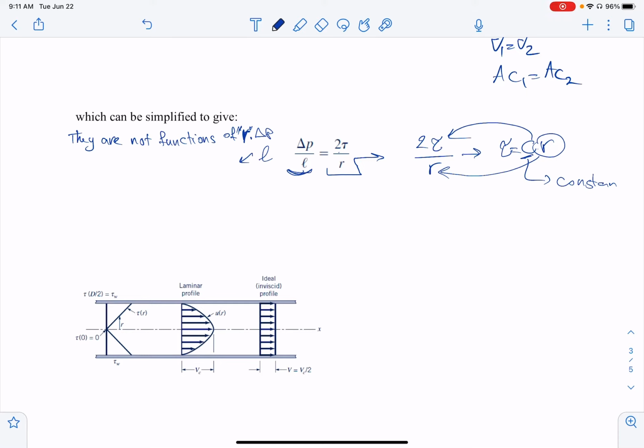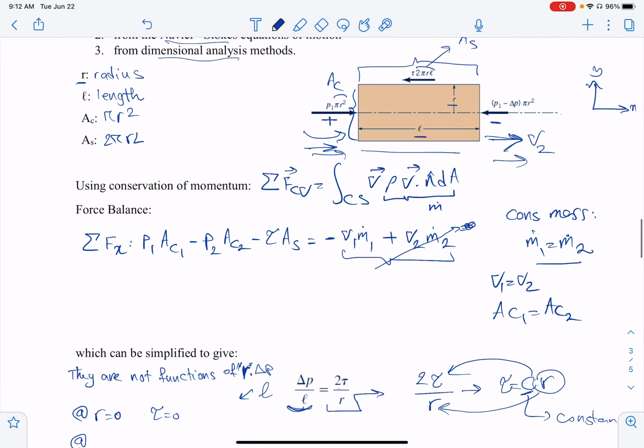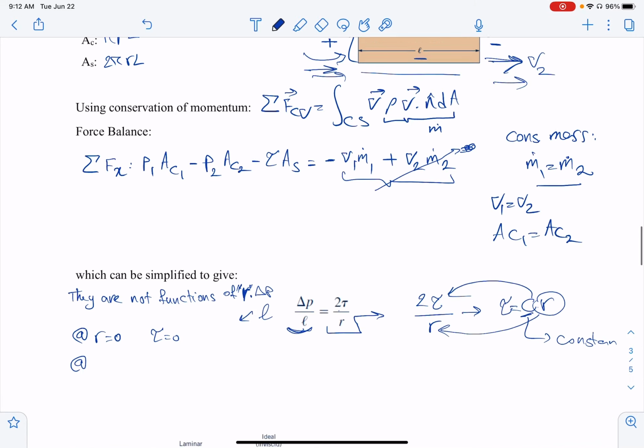So let's say that at R equal to 0, we don't have any shear stress, right? So it means that tau is 0. And also, sorry, at R equal to the radius right here, right?